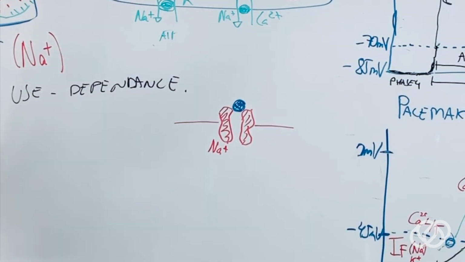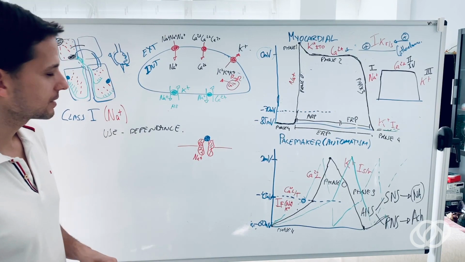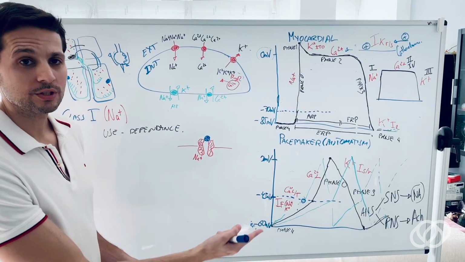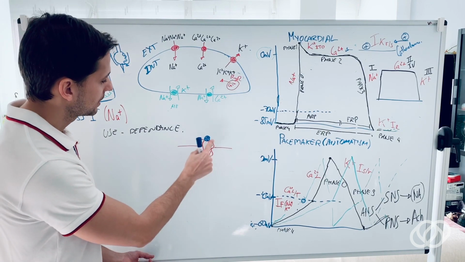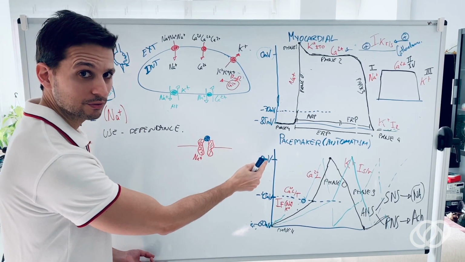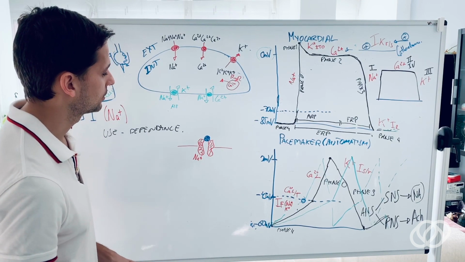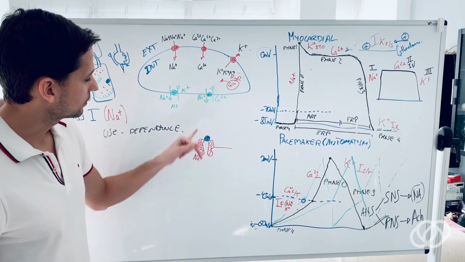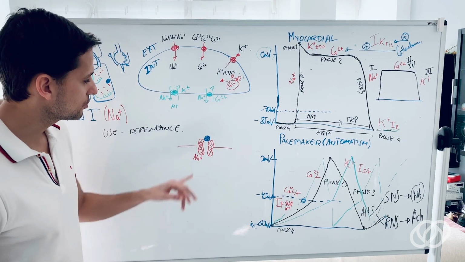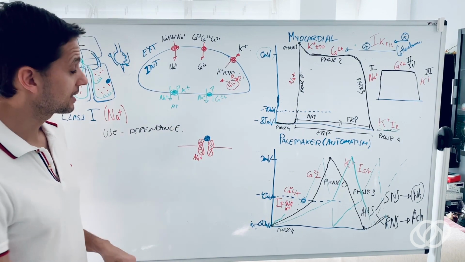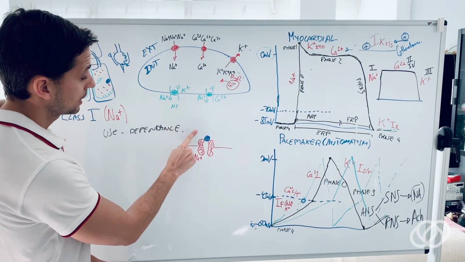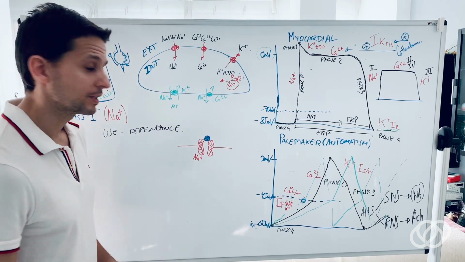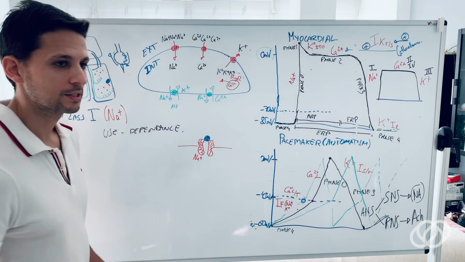Why does it happen? Usually because this drug is very slow in the onset and offset, that means in attaching and detaching from the channel. Because it's very slow, when we are firing very fast, when we are using the channel very fast, it doesn't have time to attach and detach. So it is continually blocking the channel.